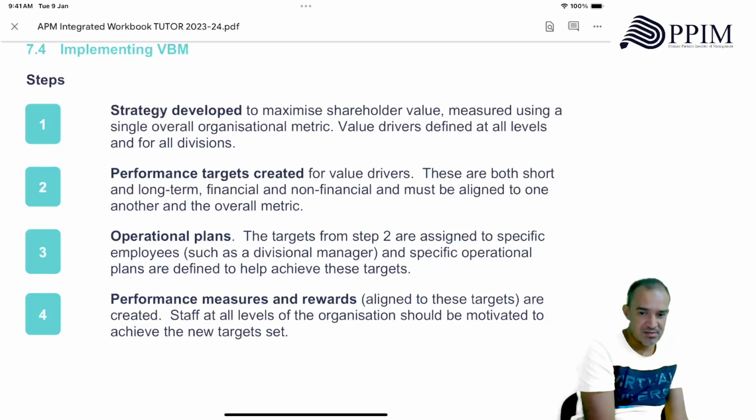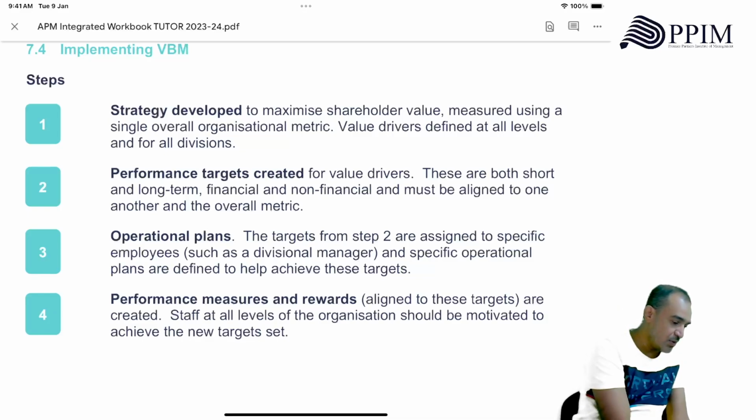Then operational plans, where we come up with targets in the short term. And finally, when employees achieve those targets, you need to attach rewards as motivation.